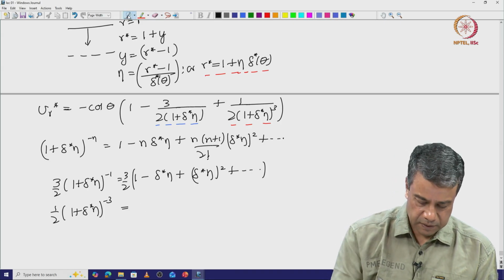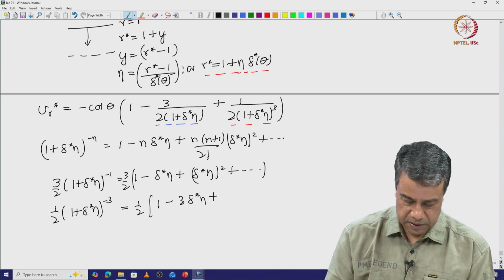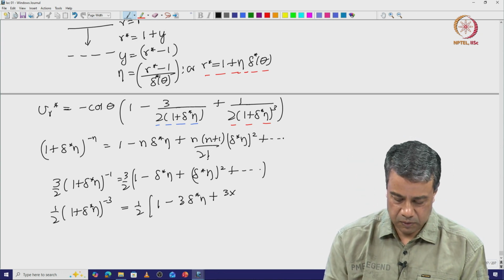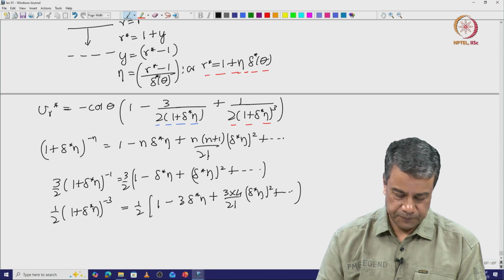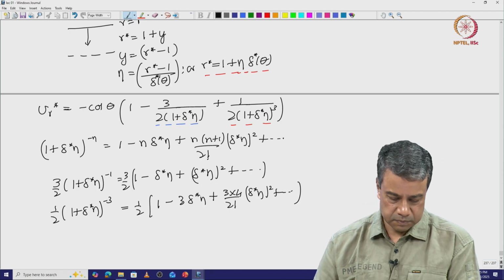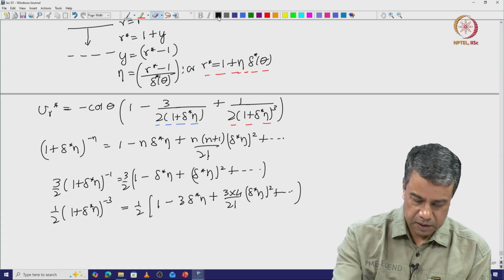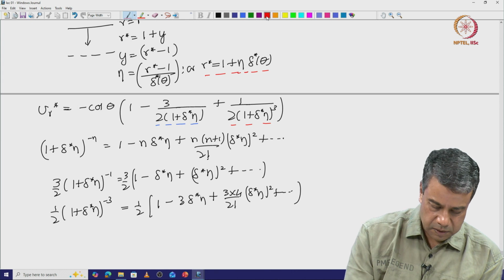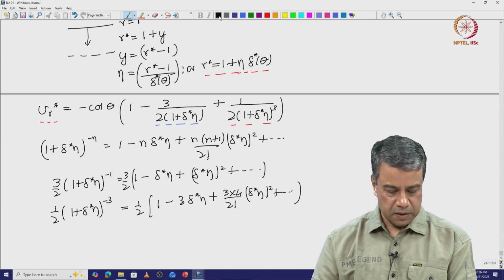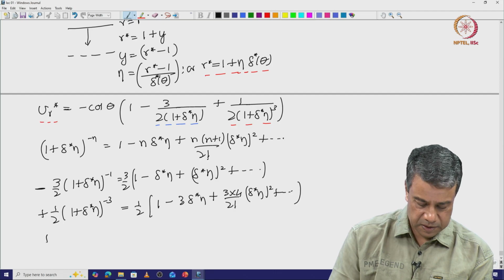And in the second term, I have 1 by 2 into 1 minus 3 delta star eta plus n into n plus 1, 3 into 4 by 2 factorial delta star eta the whole square plus etc. So, the velocity Vr here is equal to minus of this, plus of this, plus 1.